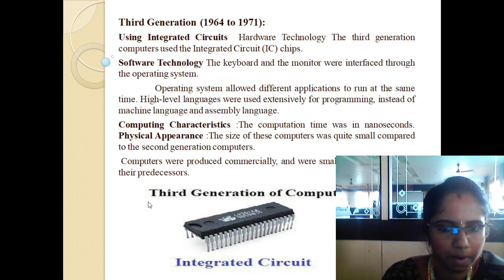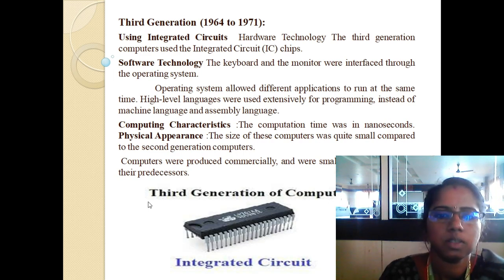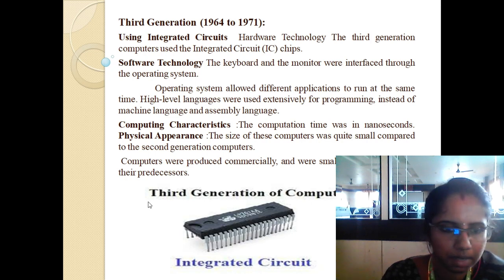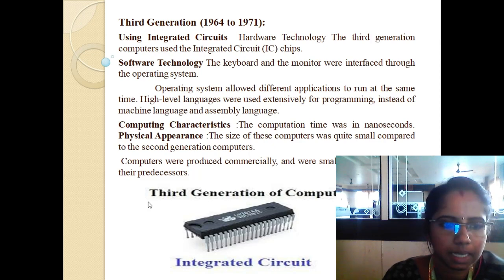The physical appearance of this generation of computers is very small compared to the second and first generation computers. Computers were produced commercially and were smaller and cheaper. The disadvantage of this generation of computers is that they lack thinking power and decision making capability.